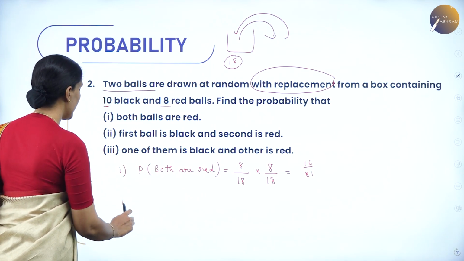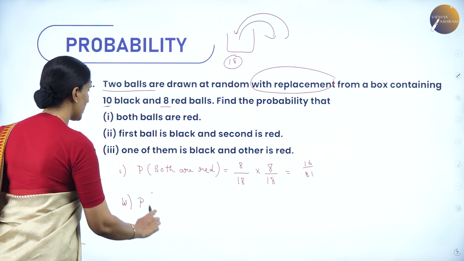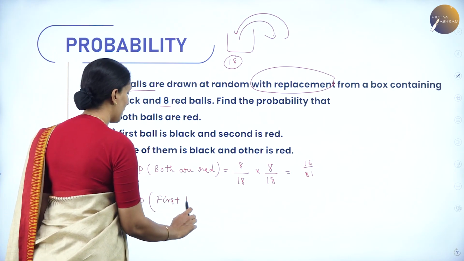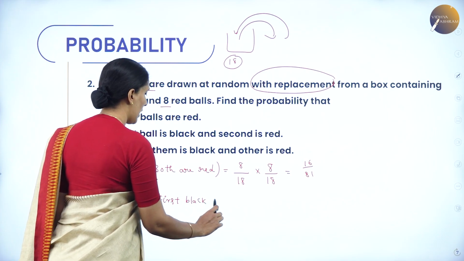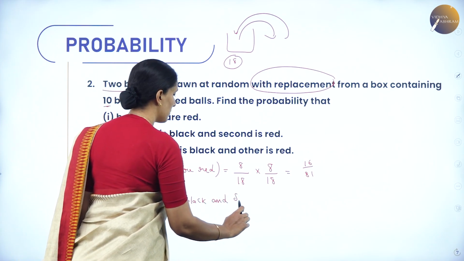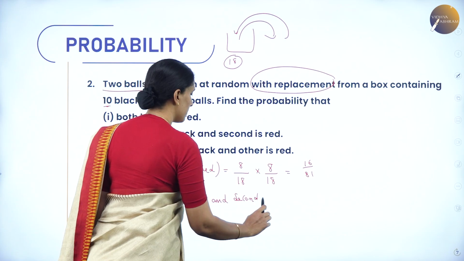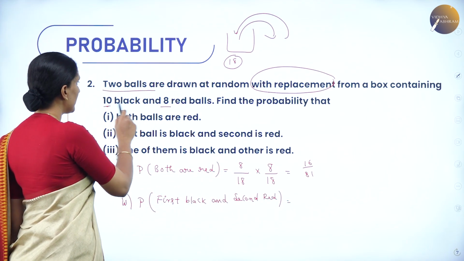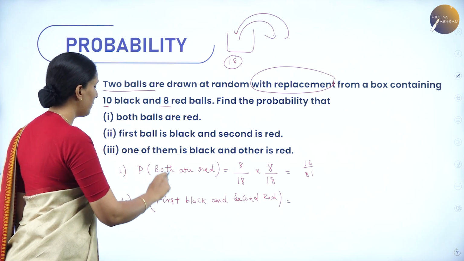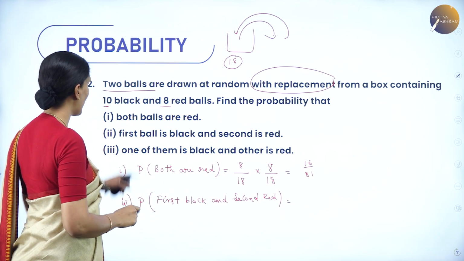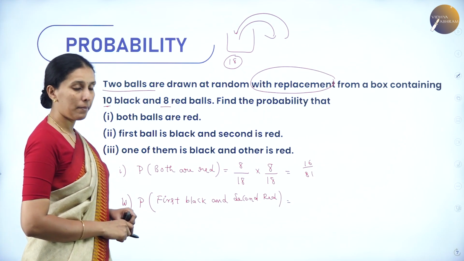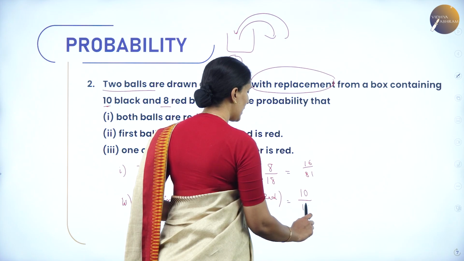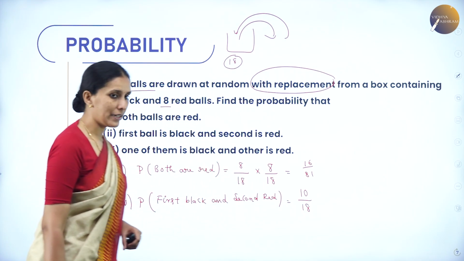Next, the second case: the probability is first black and second red. Now, consider that we have 18 balls. The first ball should be black. So, how many blacks are there? 10 blacks are there out of 18. So, I have taken the probability as 10 over 18.